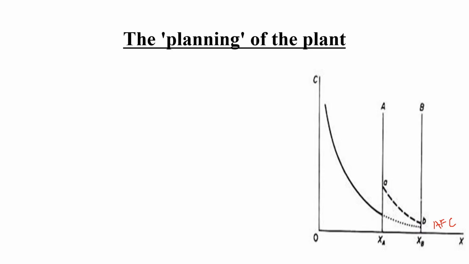Now, let's see, why does a businessman want to plan his plant size? The planning of the plant consists of deciding the size of these fixed indirect factors which determine the size of the plant because they set limits to its production.